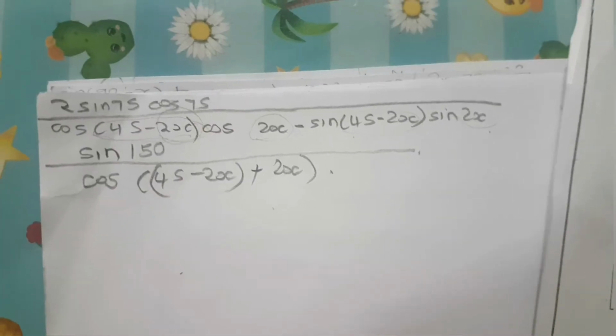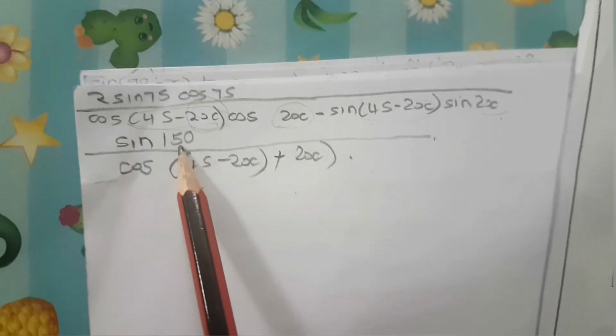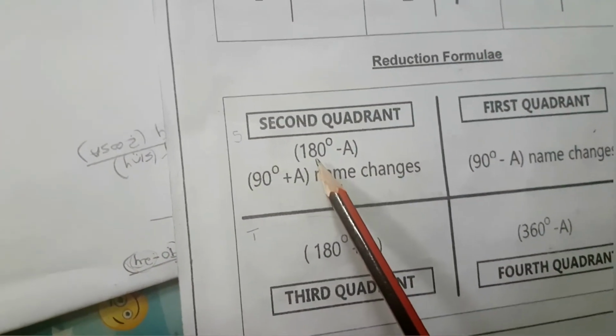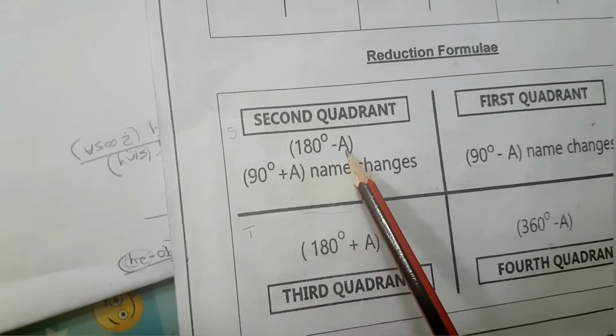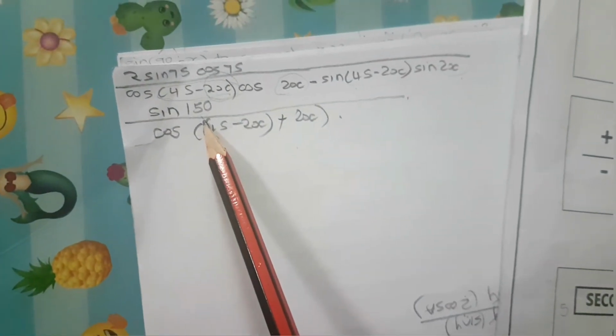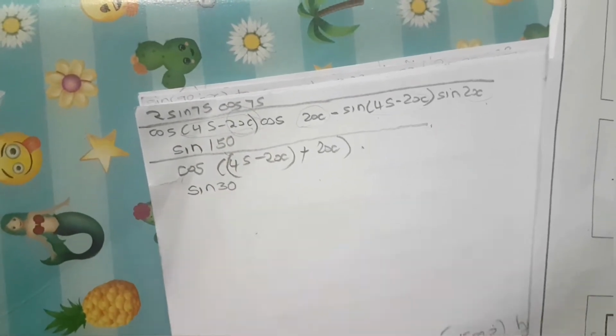There is your variable. With this left in our sum, we have to change this to a simple angle, like an acute angle. And again, from your reduction formulas, you know that 180 minus a variable should give you what you need. So the 180 minus 150 will give you a sin 30.